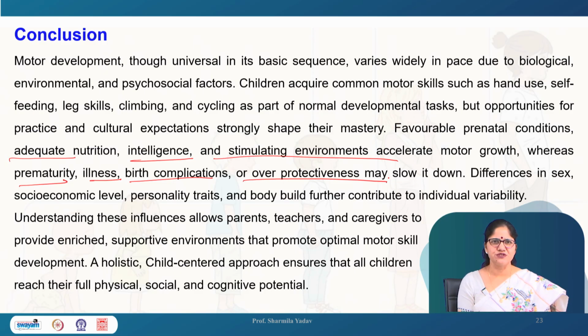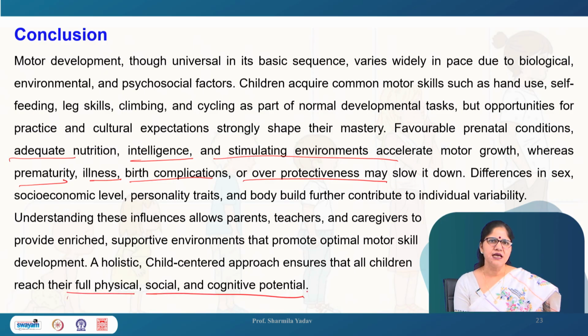Understanding these influences allows parents, teachers, and caregivers to provide enriched, supportive environments that promote optimal motor skill development. A holistic, child-centered approach ensures that all children reach their full physical, social, and cognitive potential.